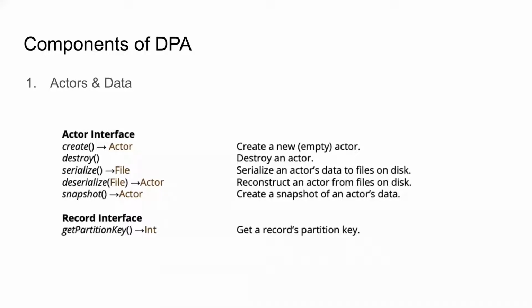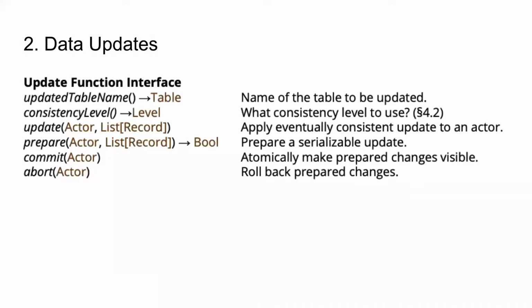Now, how does the DPA model support updates? For that, there is another set of interfaces that the developer needs to implement, and they have parallel update functions, which update multiple actors in a single table. To perform updates, devs implement an update function with these methods.